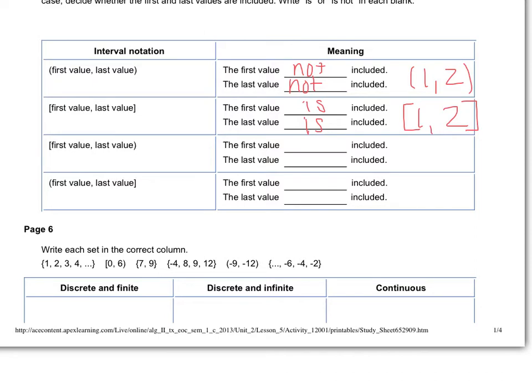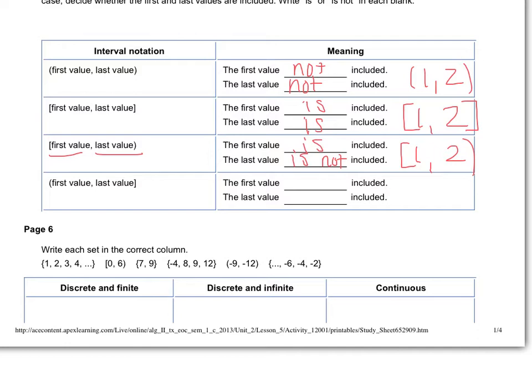Sometimes you can have brackets and parentheses together. In this case, I've got a bracket at the beginning and a parentheses at the end. That means the first value is included in the set, but the second value is not. So the set 1, 2 with a bracket then parentheses means every number between 1 and 2 and the number 1.